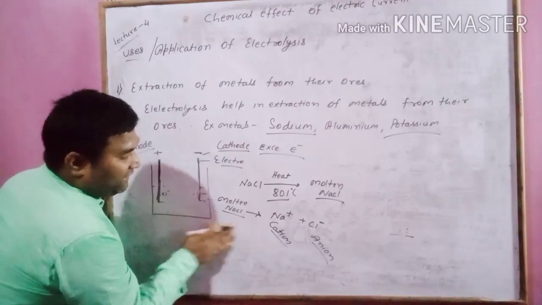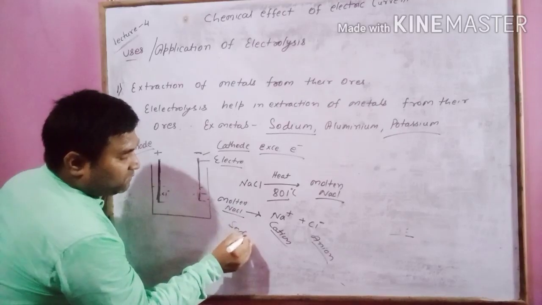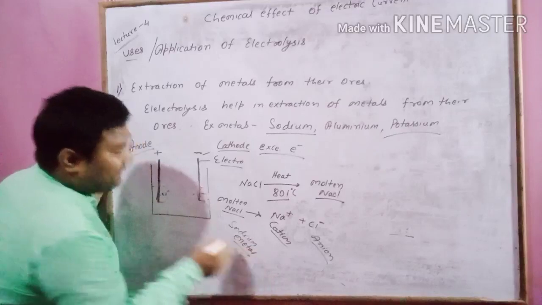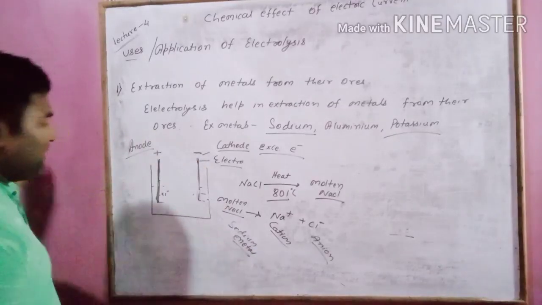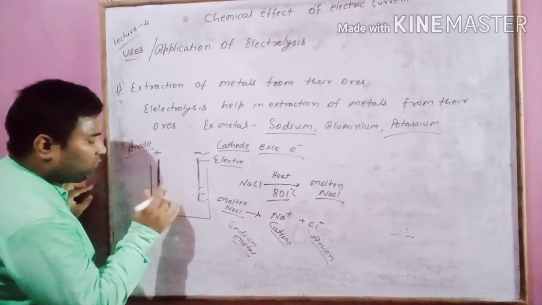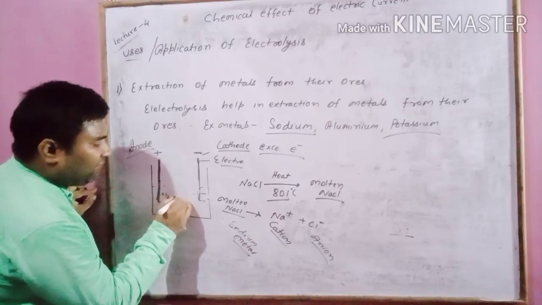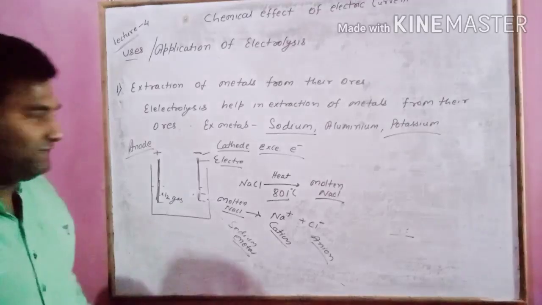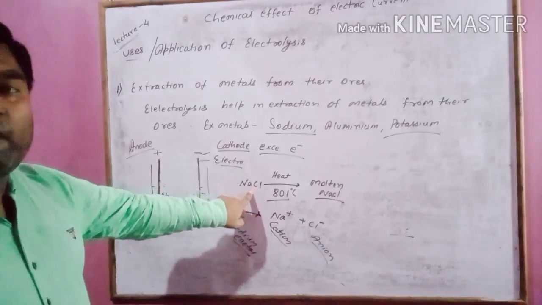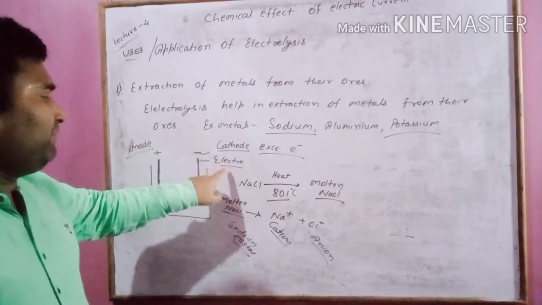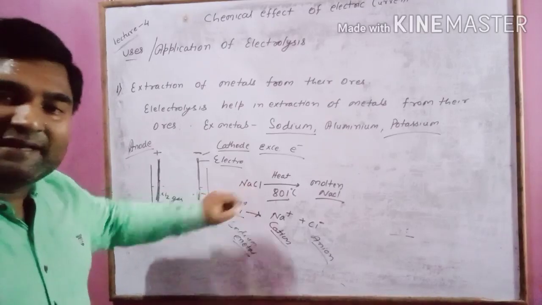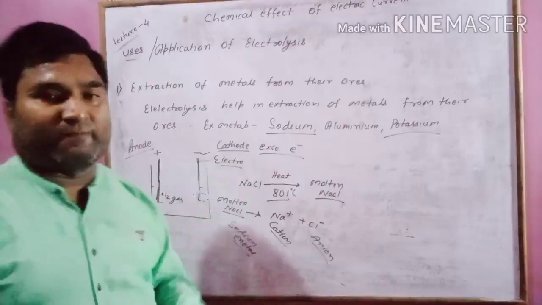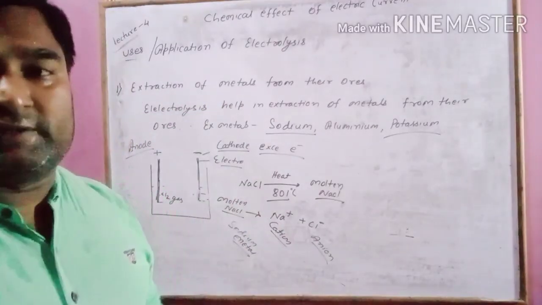So sodium metal gets deposited on the cathode, and chlorine will change into Cl2, chlorine gas, and it will come out in the form of bubbles. So with the help of electrolysis we can extract sodium from NaCl. So electrolysis is used for extraction of metals from their ores.